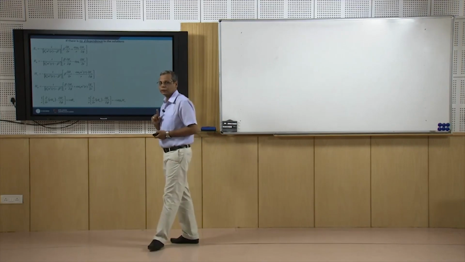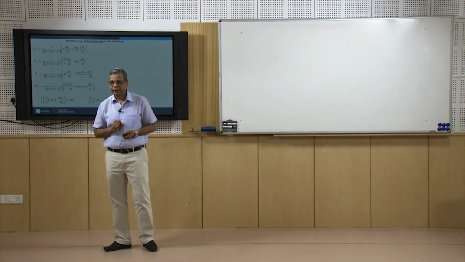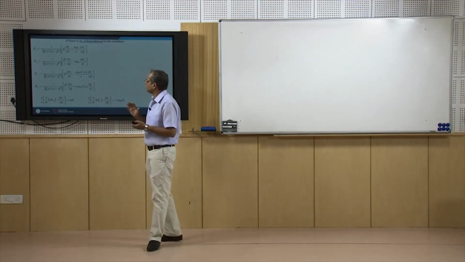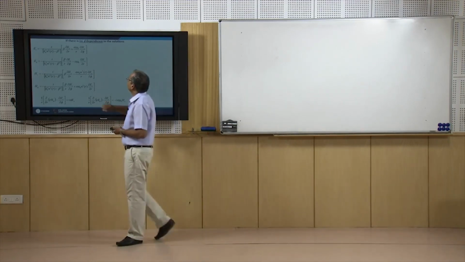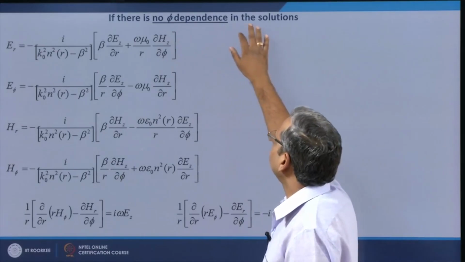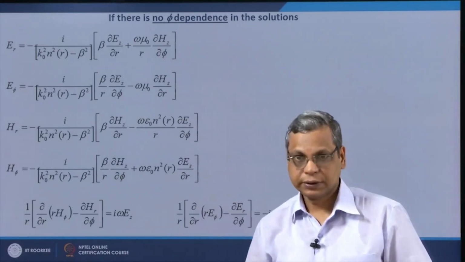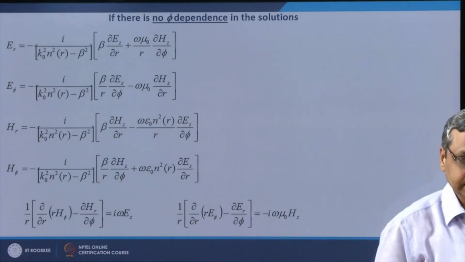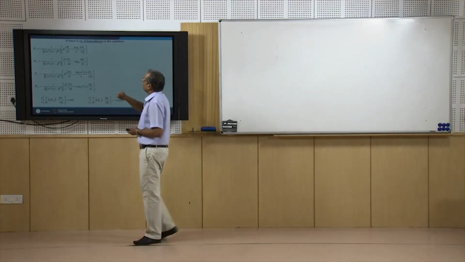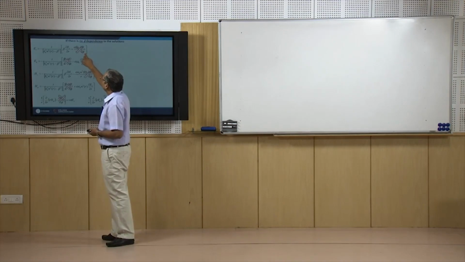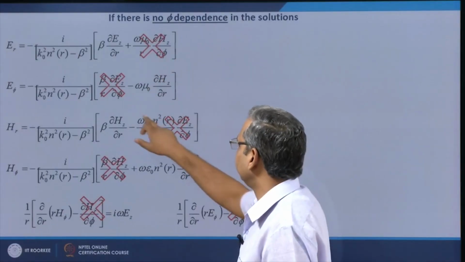However, there is one particular case where I can still have this decoupling, and this is when there is no phi dependence in the solutions. Let us see what happens. If there is no phi dependence, then I put these del phi terms to 0 everywhere.